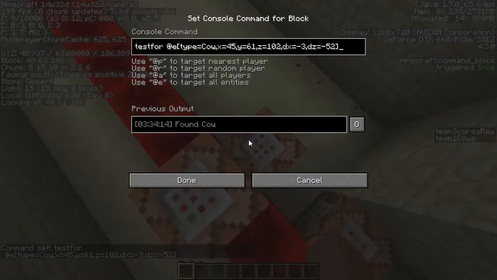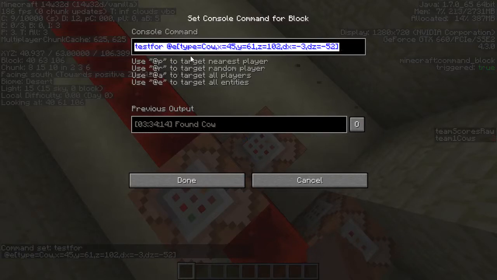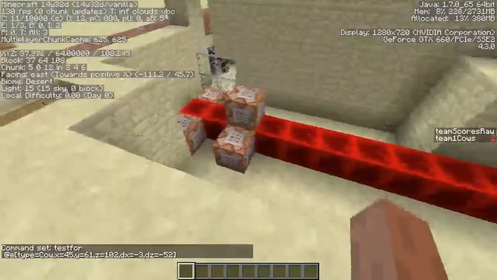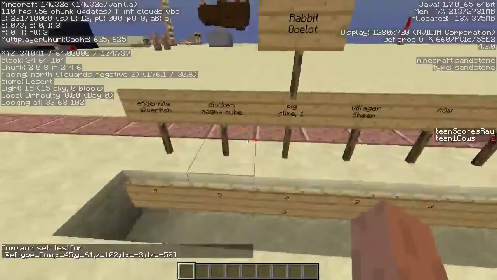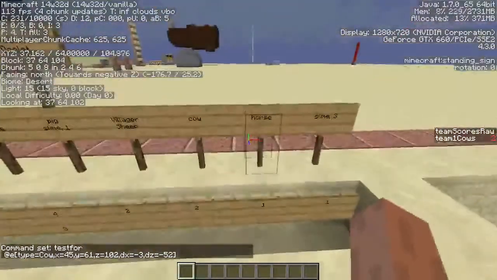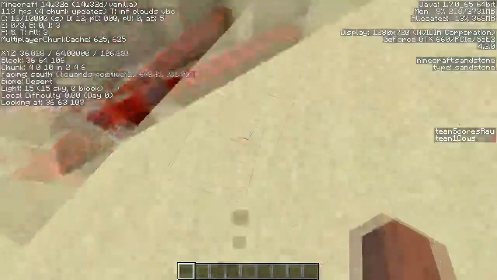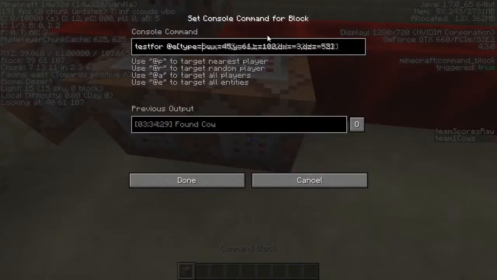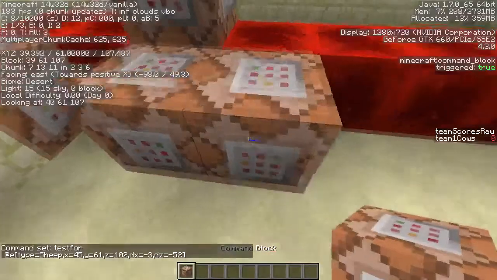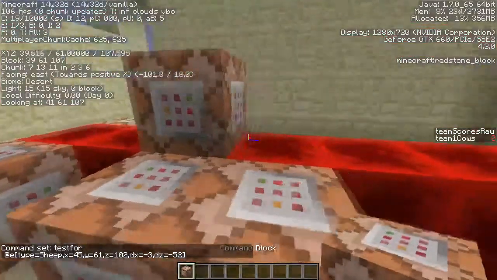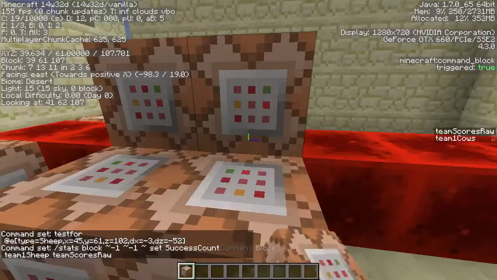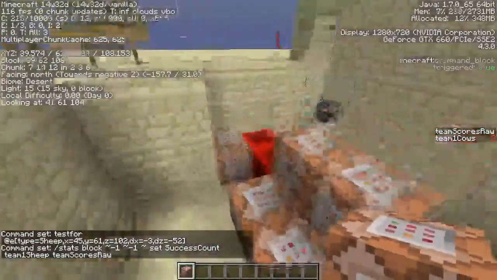I can actually remove that test 4. Alright, so I'm detecting cows then, and I got the 2 command block setups for this. I think the next ones I could test for sheep. Sheep in that area, and then set the team 1 sheep variable for that.